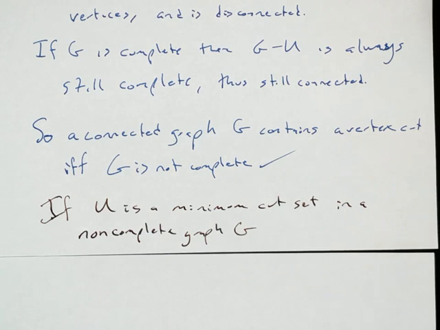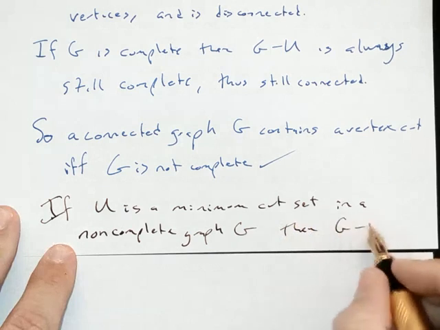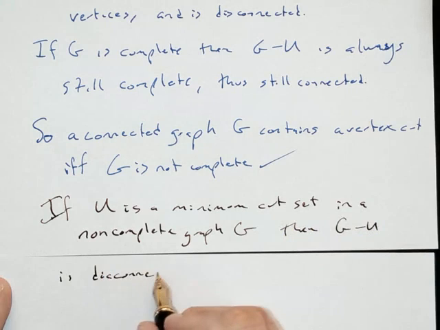Non-complete graph G, I have a minimum vertex cut U. Then G minus U is disconnected.